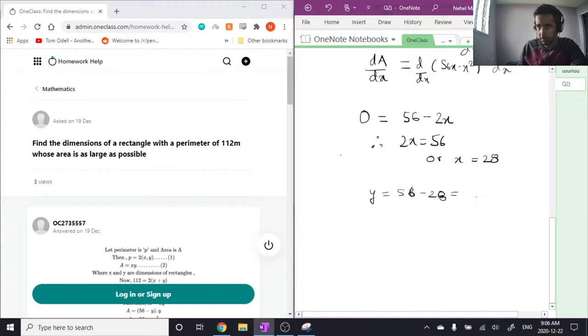So y is also equal to 28. Therefore, it's actually not a rectangle, it's a square. So that's an interesting thing to note, that for any rectangle, to maximize the area, it actually has to be a square.